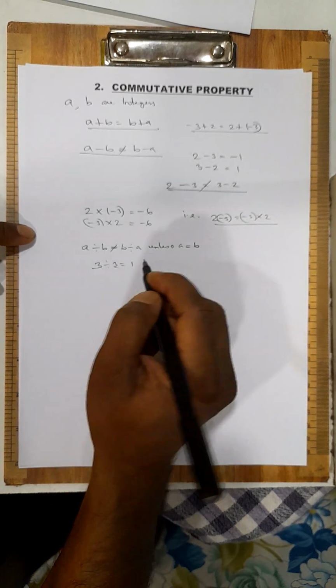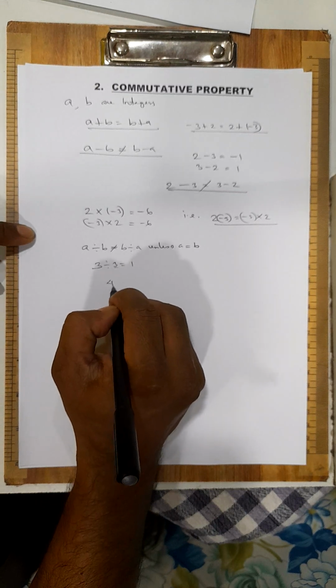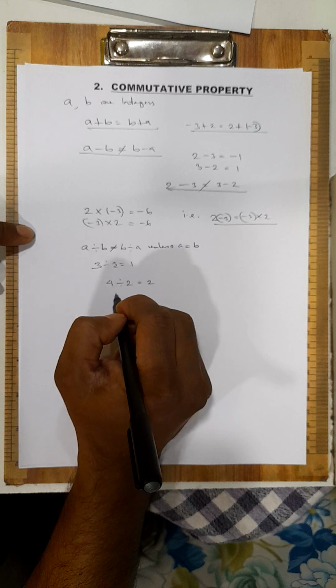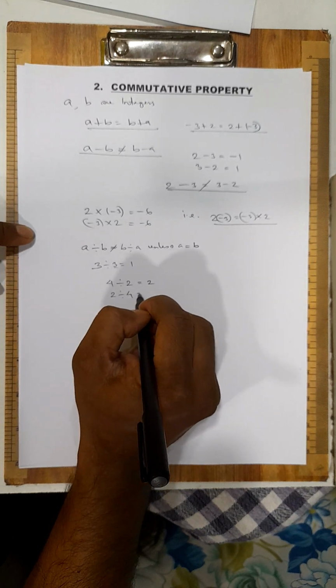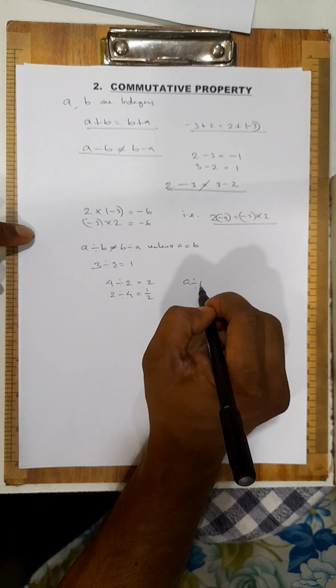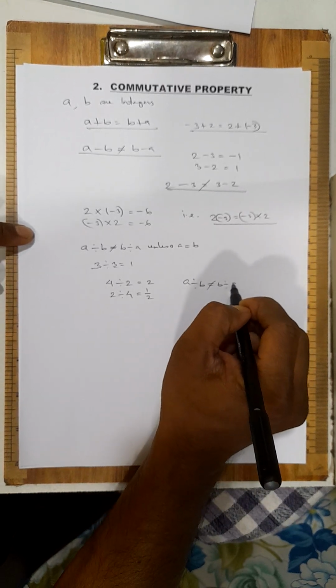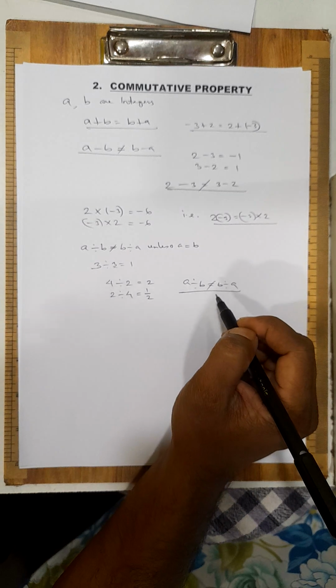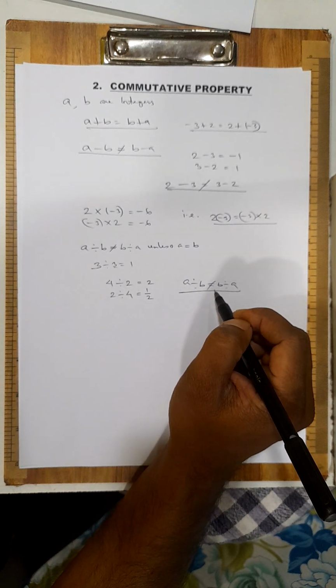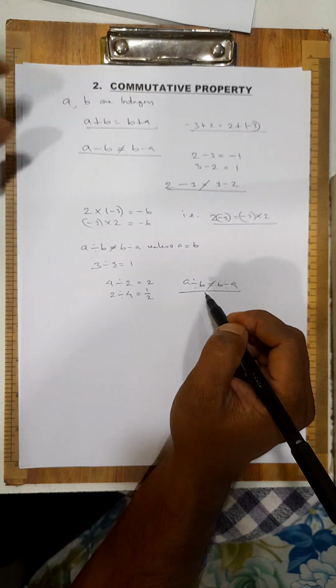Right? Now you see 4 divided by 2 equal to 2. 2 divided by 4 equal to half. That means a divided by b not equal to b divided by a. Right? So with respect to the operation of division, commutative property does not hold good for integers.